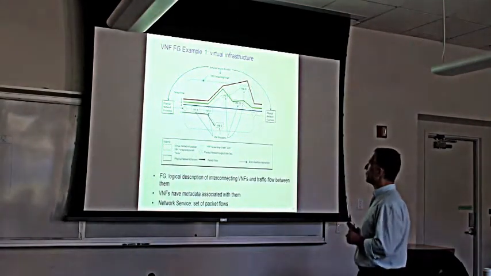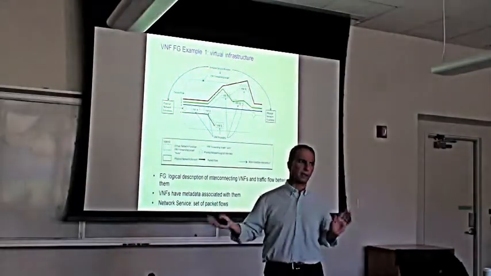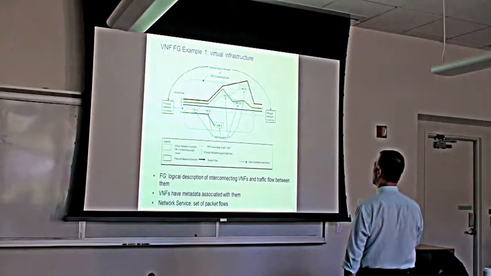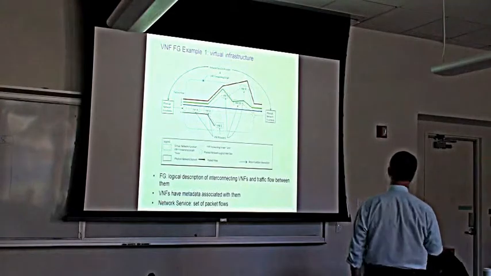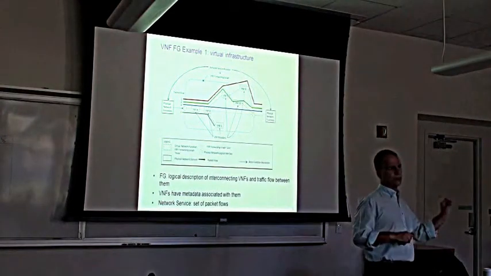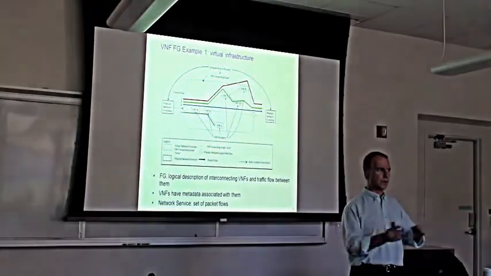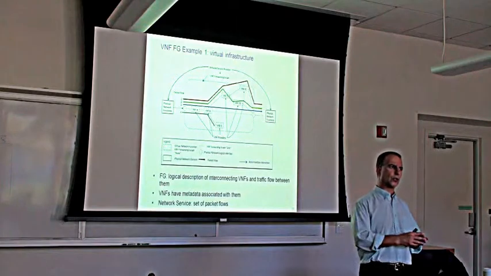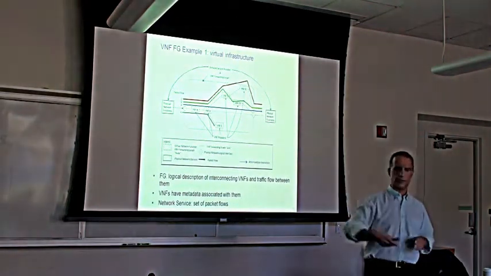So here's an example of a service chain where everything is virtualized, so you don't have any physical boxes in your infrastructure. It shows you have all these different VNFs running, and the different lines here represent the traffic flow, the packets coming into the system. You have to somehow dispatch and say, okay, this packet has to go to the load balancer, and from the load balancer it has to go to the firewall, and from the firewall to some other VNF, right?